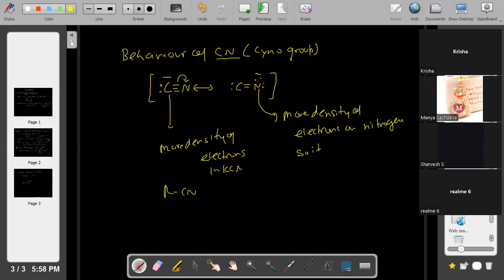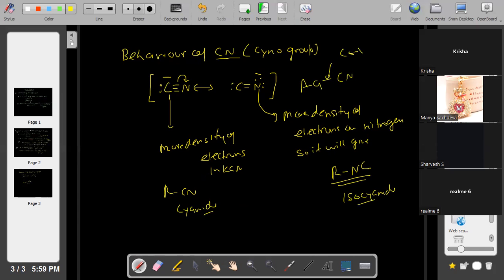So it will give RNC, here is isocyanide, and it will give cyanide. So this is the difference. This happens due to the character of AgCN. This is a covalent bond in this case.